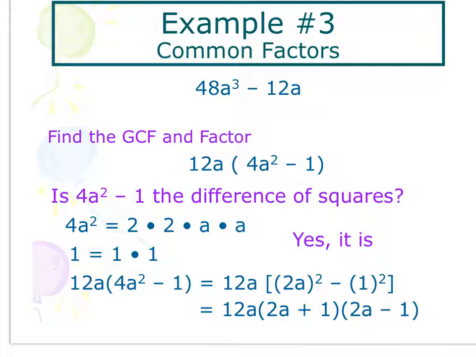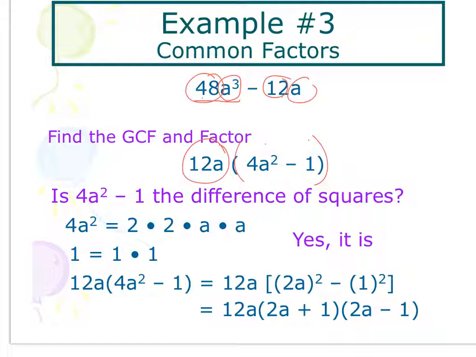Alright, here's example 3. And if you look right here, once again, we should always check for a GCF. And in this one, we have a GCF. 12 is a common factor of 48 and 12, and they both have a common factor of a. So when I factor that out, I'm left with 4a squared minus 1. Now I have two terms.